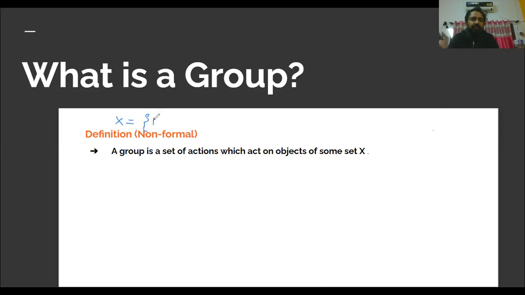X contains a square, a circle, a triangle. So this is a set of objects.